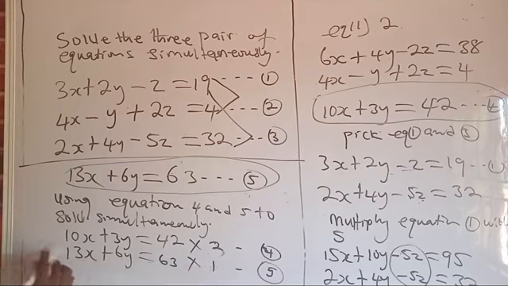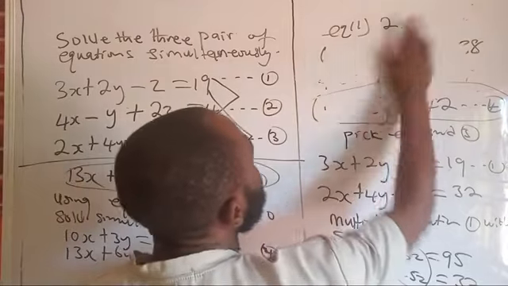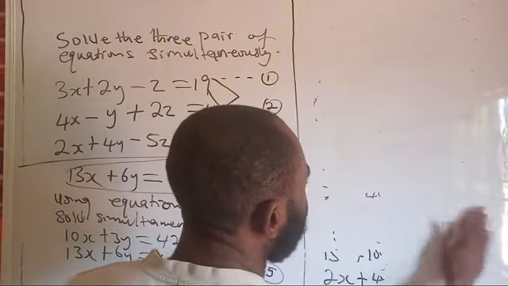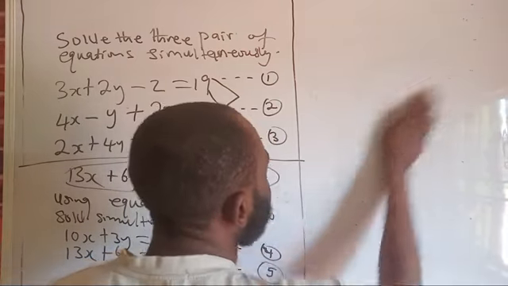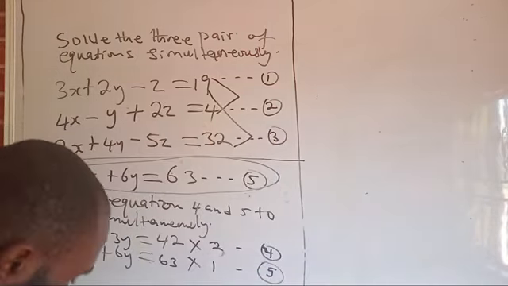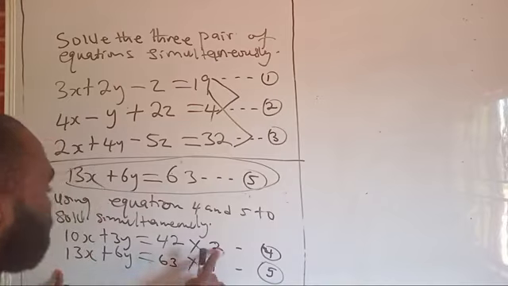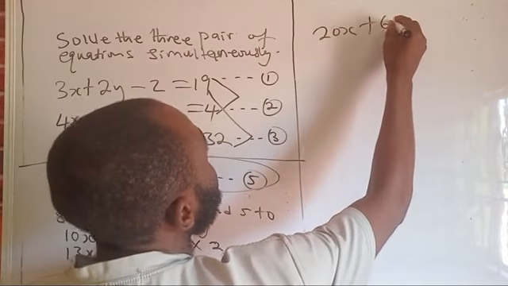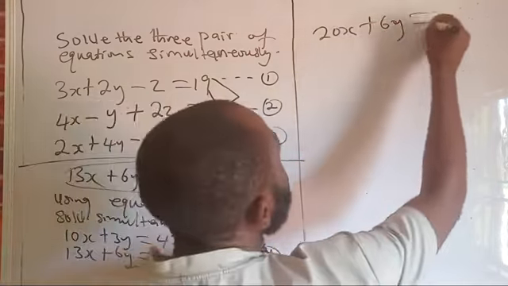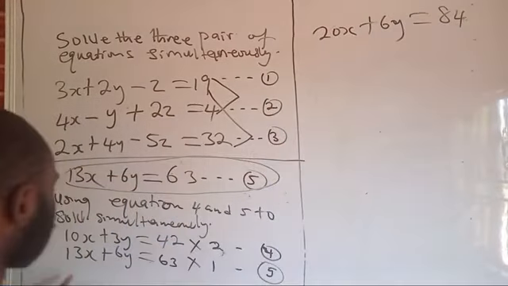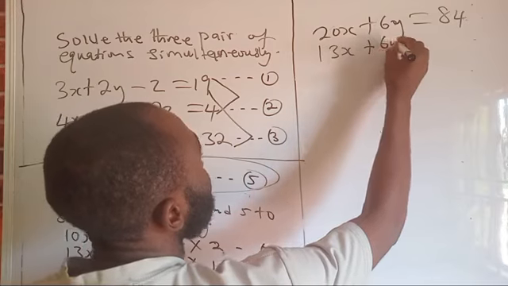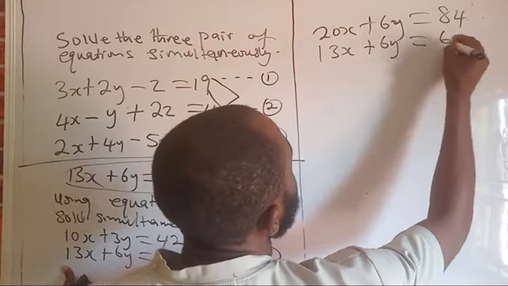So that gives us 2 times 10, that gives us 20x. 2 times 3, that gives us 6y is equal to 84, right? Then here 1 times everything will remain the same, plus 6y is equal to 63.